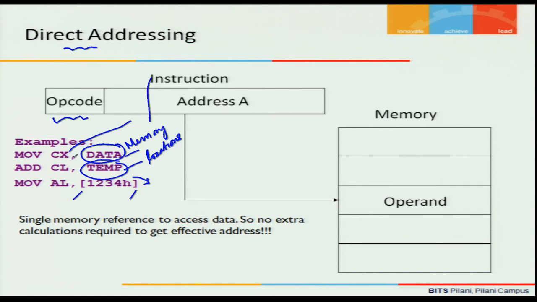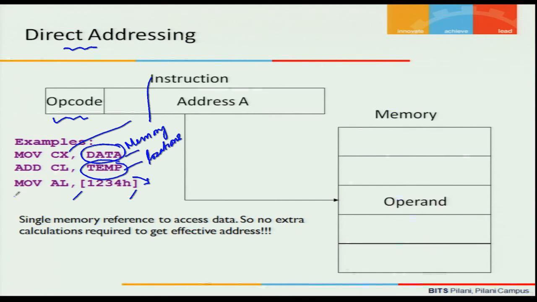For example, CX, or CL or AL, the code of the register would be important. And the third thing that you will require is to code the memory location. So the 16 bits that point to an offset in the memory are to be coded.